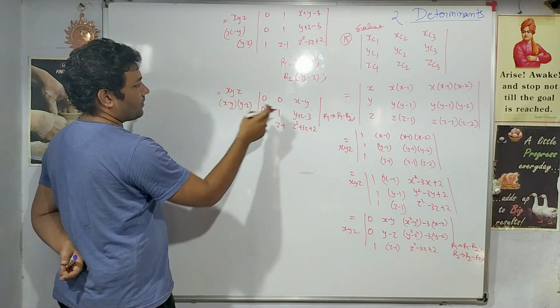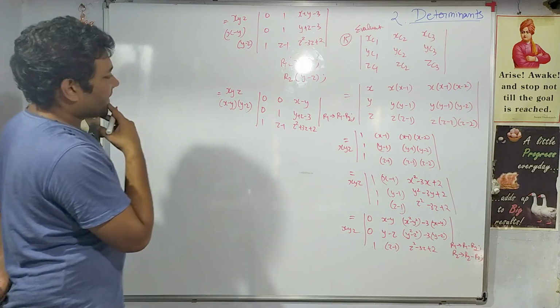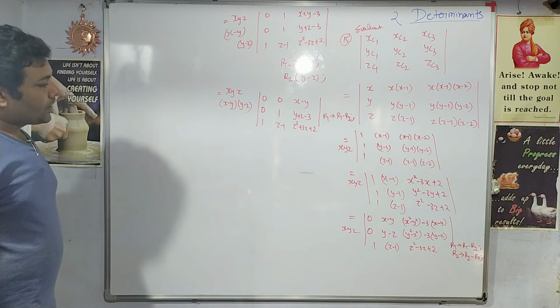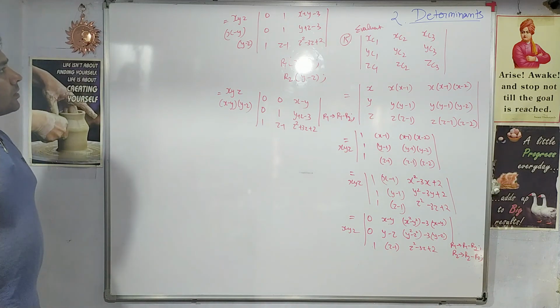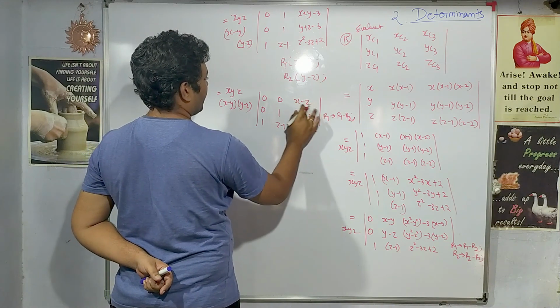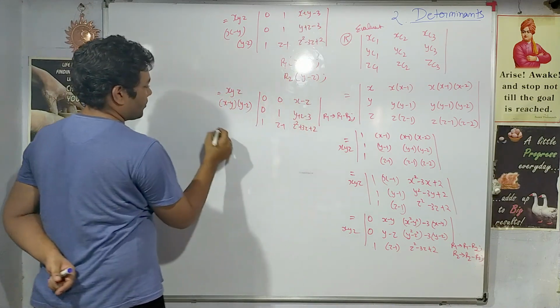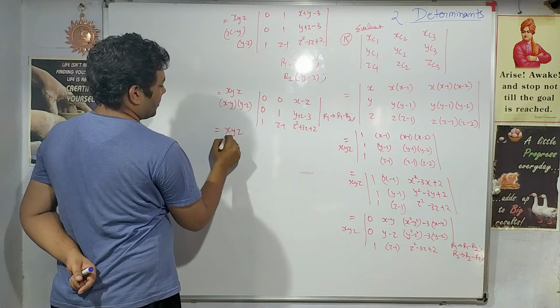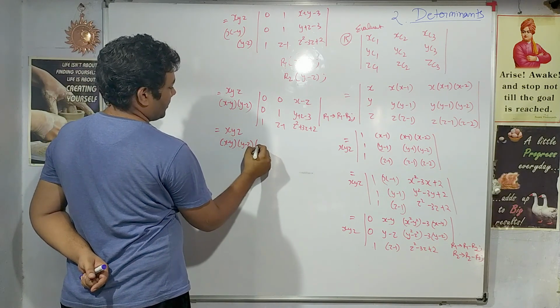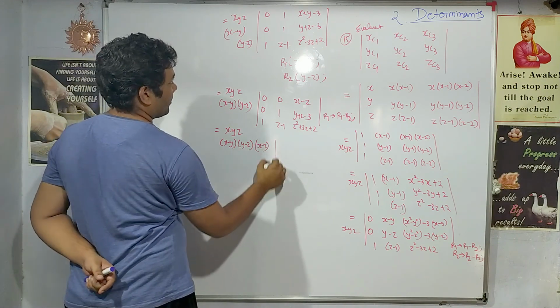Correct? Now again from the first row I can take x minus y common. Subtraction, x minus z will remain actually. x minus z. Right? Should be very careful. So x minus y, y minus z, x minus z.